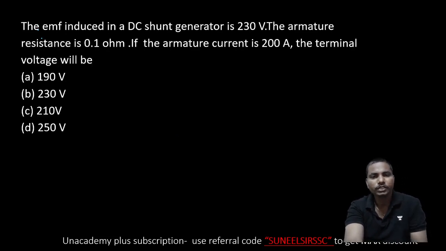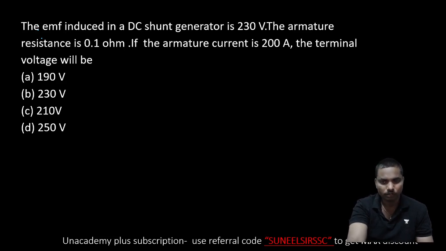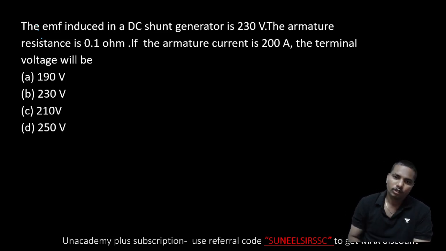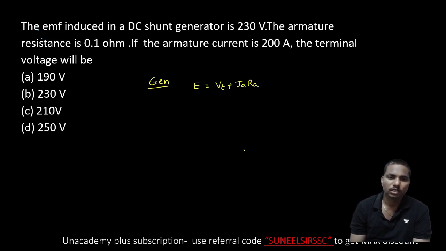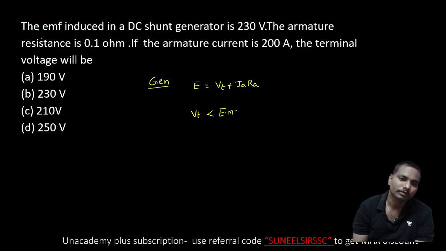The EMF induced in a DC shunt generator is 230 volt. The armature resistance is 0.1 ohm. If the armature current is 200 amps, find the terminal voltage. We know very well in case of generator, EMF is induced first, and after that terminal voltage and voltage drop is there. So this is the equation in generator. Terminal voltage is always less than that of the EMF.